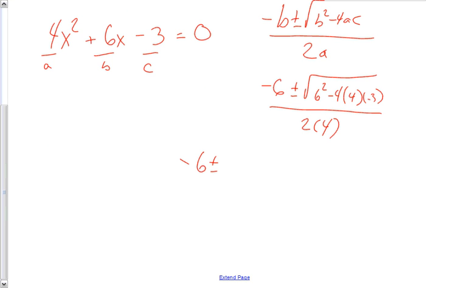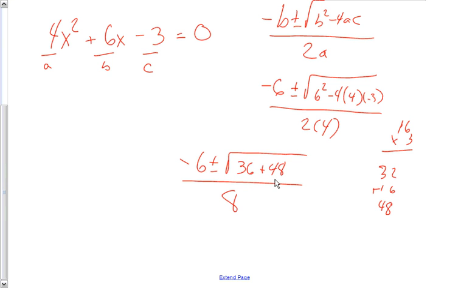Negative 6 plus minus the square root of 36, 4 times 4 is 16 times 3, that's 48, plus 48, all over 8. 36 plus 48 is 84. Negative 6 plus minus the square root of 84 all over 8.